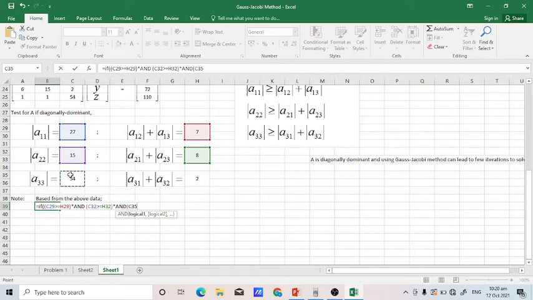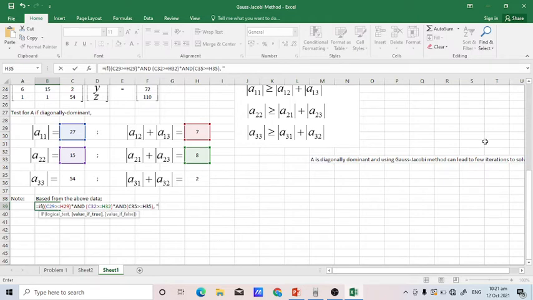And dito, C35 greater than or equal to dito. Okay. If C35 is greater than or equal to H35. Okay. So tapos, pag nasatisfy yan, type lang natin ito.